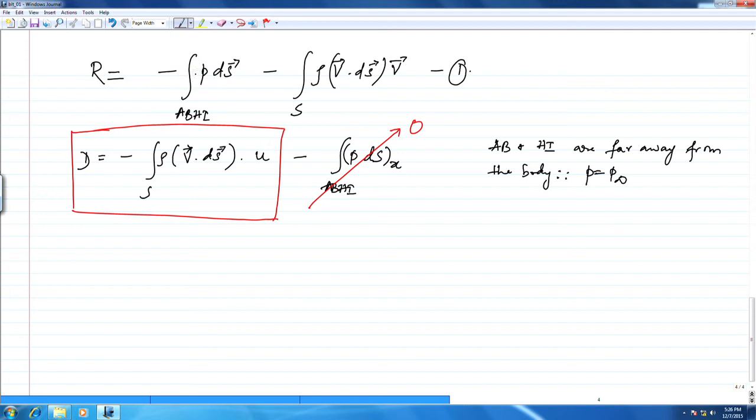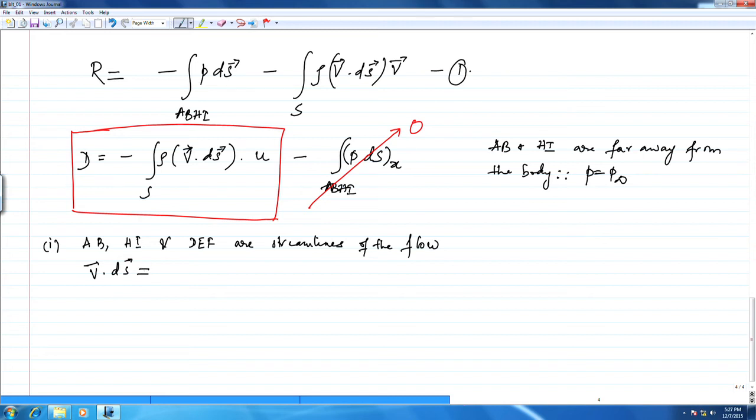Now, AB, HI and DEF, which is wrapping around the body, are basically along the streamlines of the flow. So what happens to V dot ds?